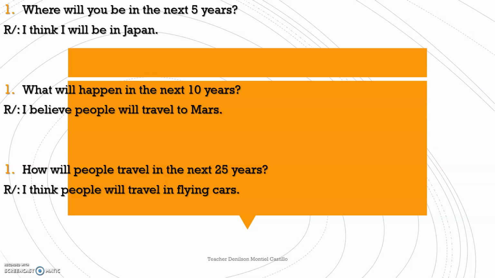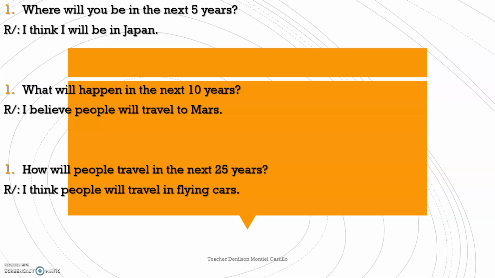Now, guys, these questions are a little bit different. They cannot work as yes/no questions because these are information questions. So if the question states, where will you be in the next 5 years? And you say, yes, I will, you're not answering the question. So that answer wouldn't work.